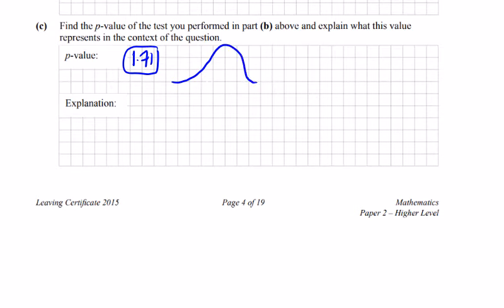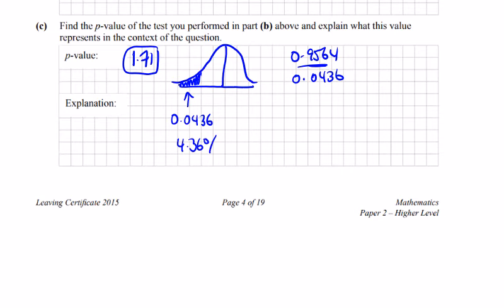So what we can say is, in my tail, here in the minus part, we have 0.0436, or 4.36%, times 2 is 8.72% or 0.0872. Write both, you don't know which way they could ask for it specifically. So the p-value is both tails, that's why we're multiplying it by 2.